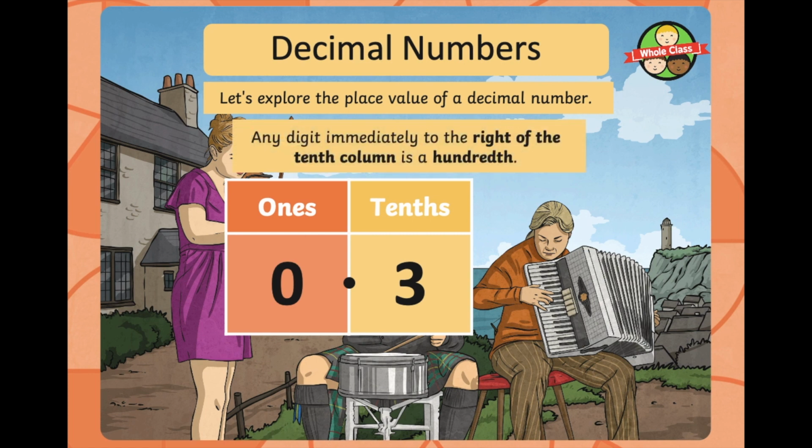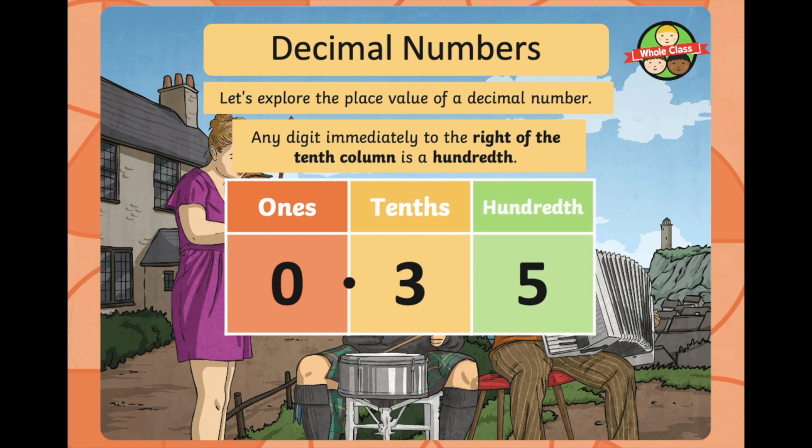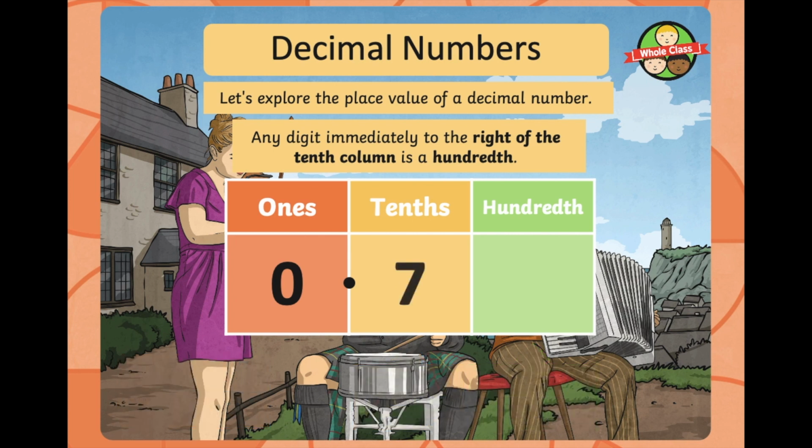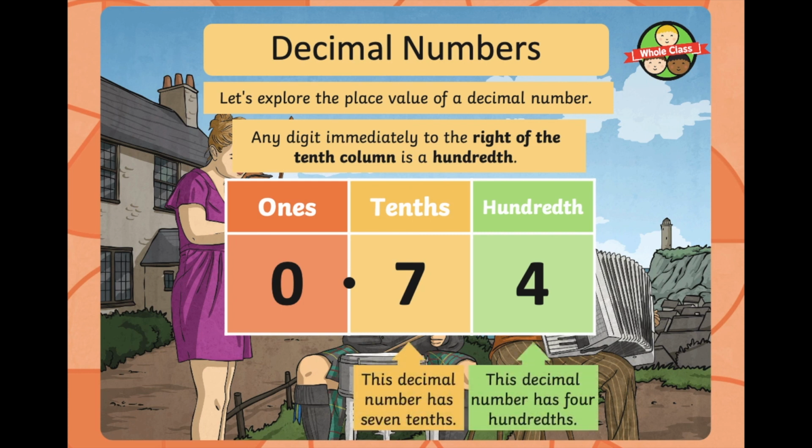Any digit immediately to the right of the tenths column is a hundredth. This number has 3 tenths and 5 hundredths. 0.35 equals 35 over 100 as a fraction. This decimal number has 7 tenths and 4 hundredths, 0.74.